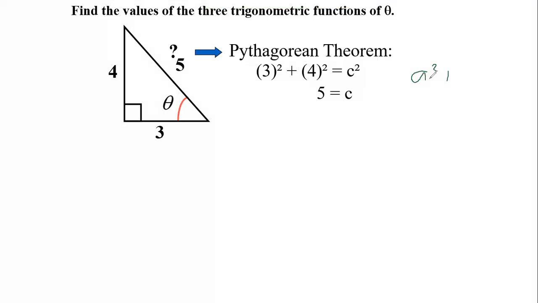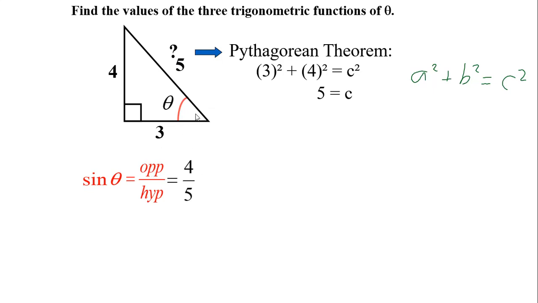So here we have 3 squared plus 4 squared equals c squared. Now we have sine if we want to find this angle, okay? So we use the Pythagorean theorem to find this, the 5, and then now we want to find this angle.